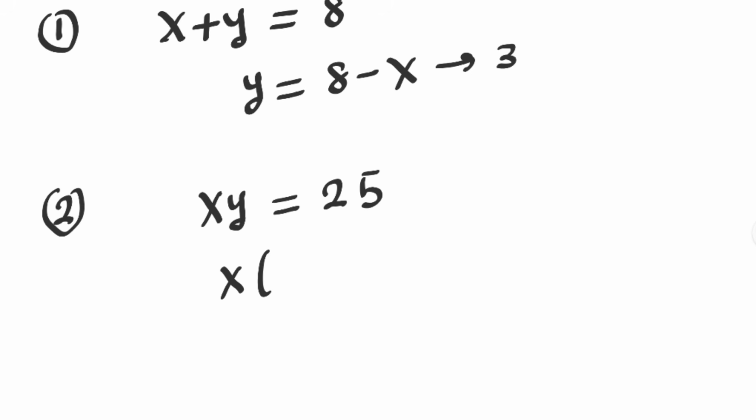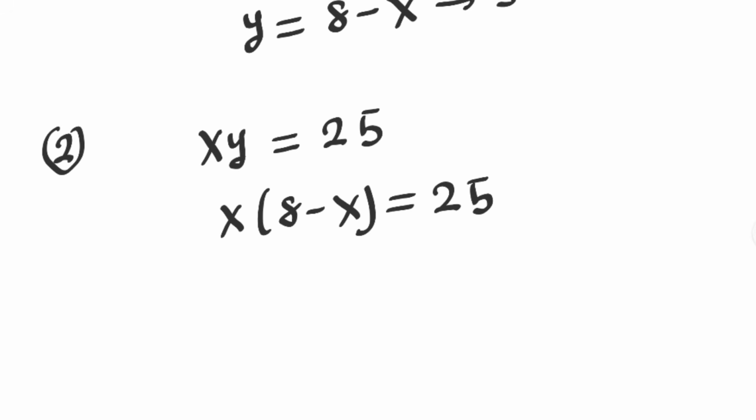x bracket 8 minus x is equal to 25. Let us open the bracket with this x. x multiplied by 8, that is 8x, minus x multiplied by x, that is x square, is equal to 25.